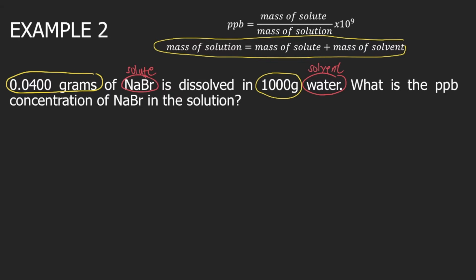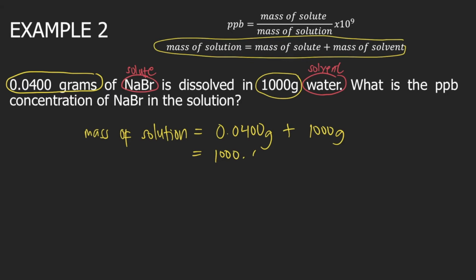So even though you are not given the mass of solution, you can compute for it. So mass of solution is equal to mass of solute, 0.0400 grams, plus mass of solvent, that's 1,000 grams. So mass of solution is equal to 1,000.0400 grams.